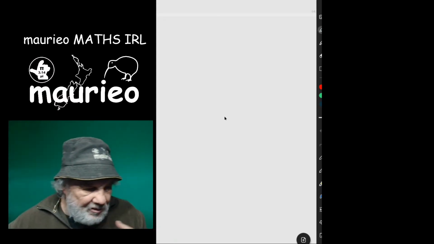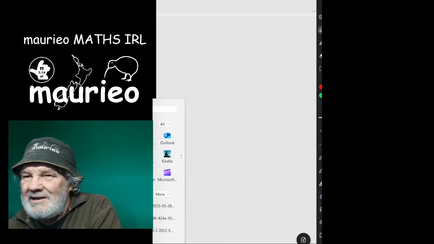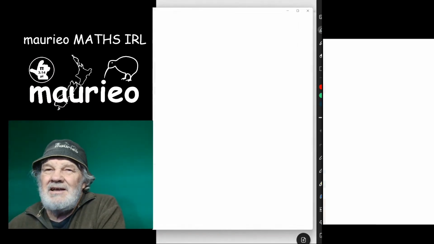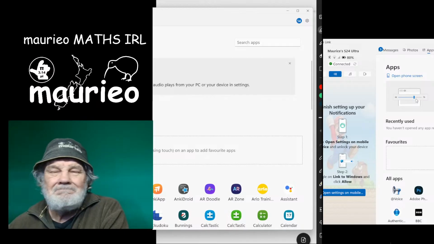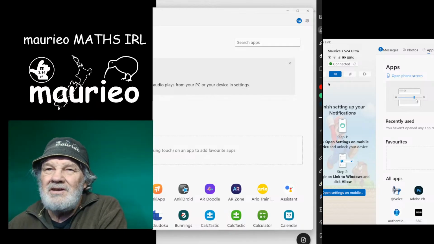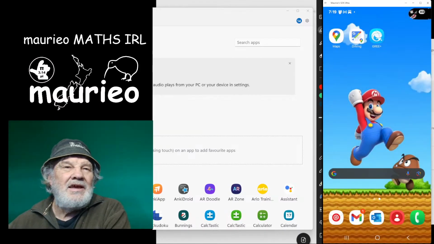And now I'm just going to link my phone, which goes up on the other side there. This is just using Phone Link. So that usually goes pretty easily. Phone Link, and that's all connected. I'll just click on that, and that puts it up there.